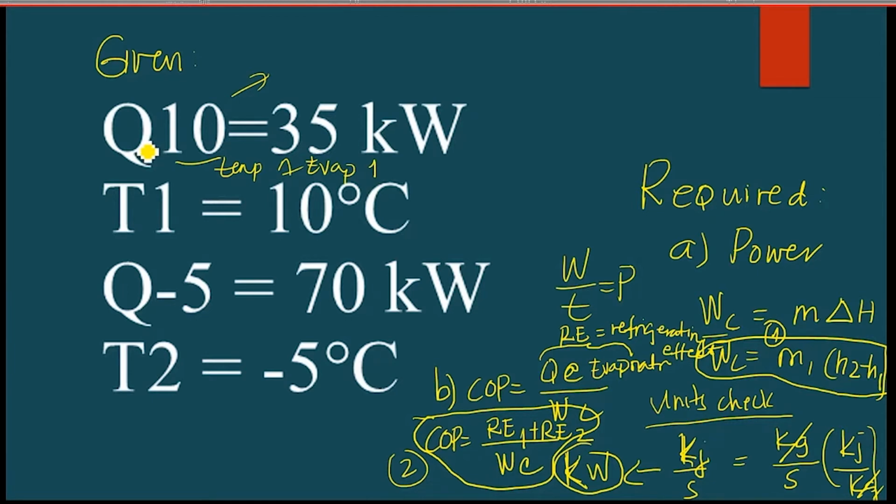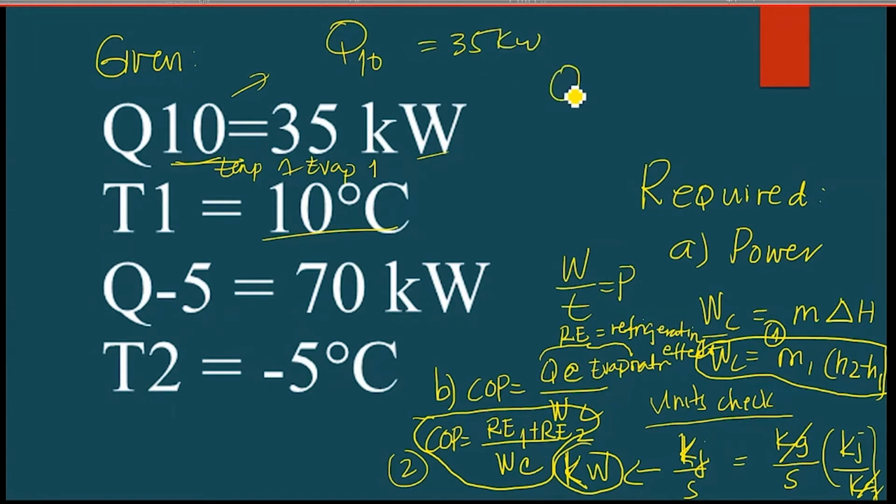Heat load means the amount of heat that the evaporator should absorb. So 35 kilowatts, and the temperature is 10. That's why it's Q10, with the 10 as a subscript.